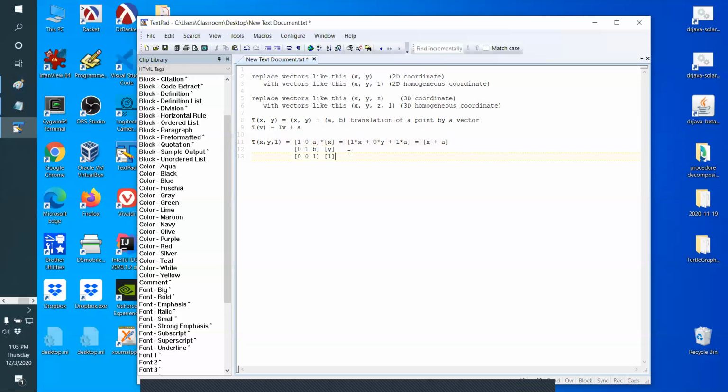The next one, I multiply the middle row by that column.